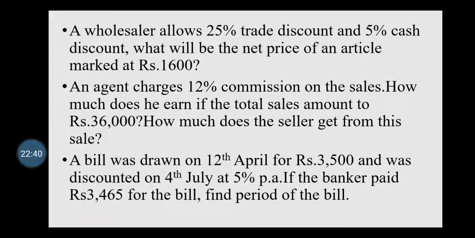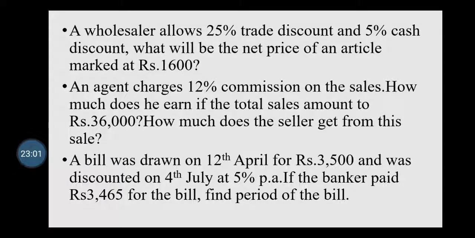In this question, drawing date of the bill is given, face value is given, date of discounting is given, rate of discounting is given, and the cash value is given. So you have to find the period of the bill. Okay, thank you.